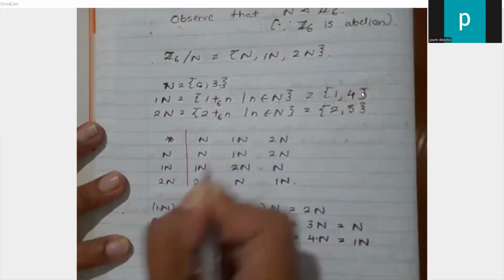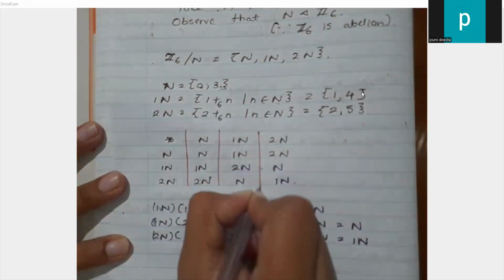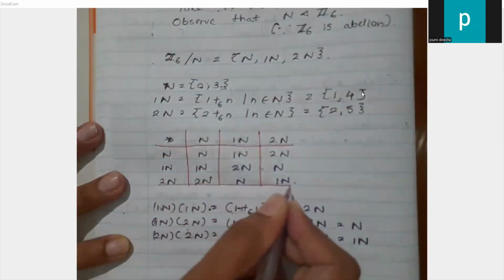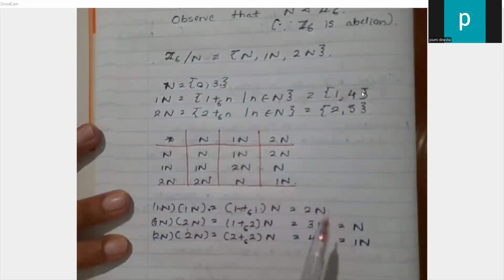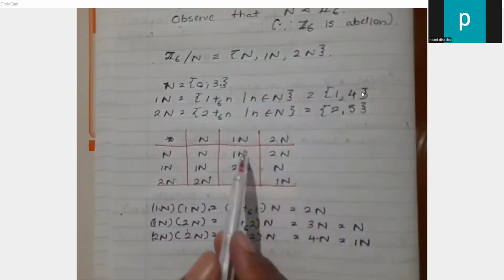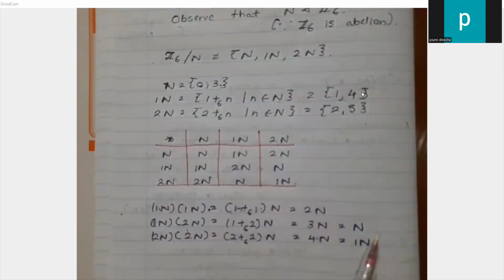This is the multiplication table, right? You can easily see that it's a group. By just looking at this, you can identify the inverses as well. The inverse of 1N is what?